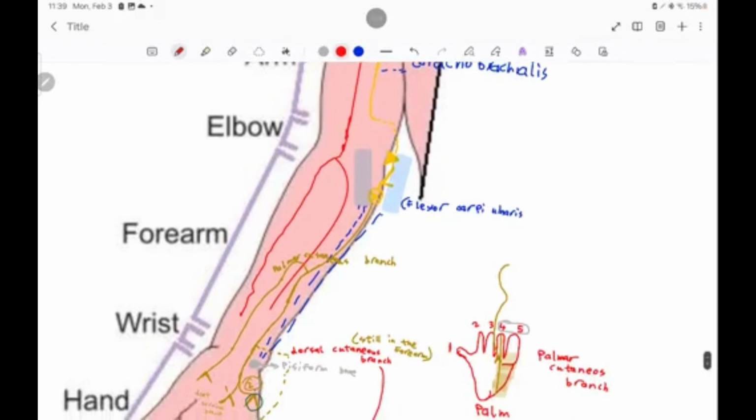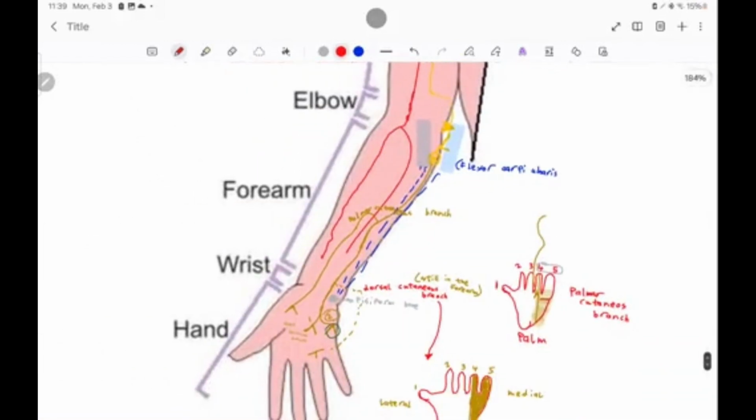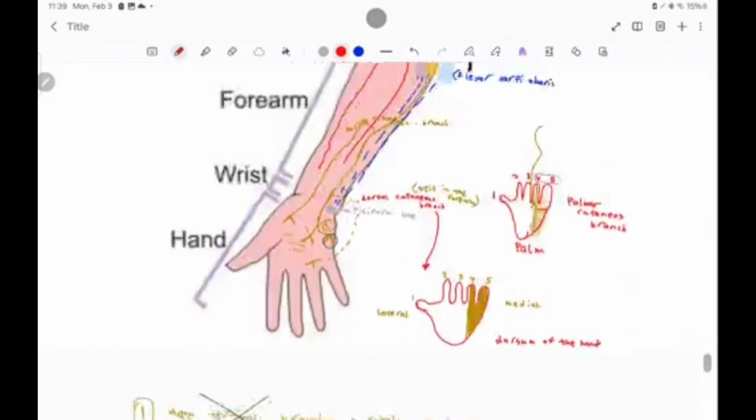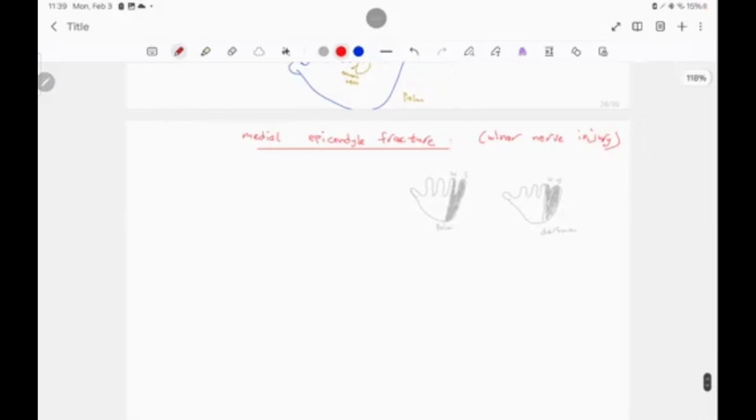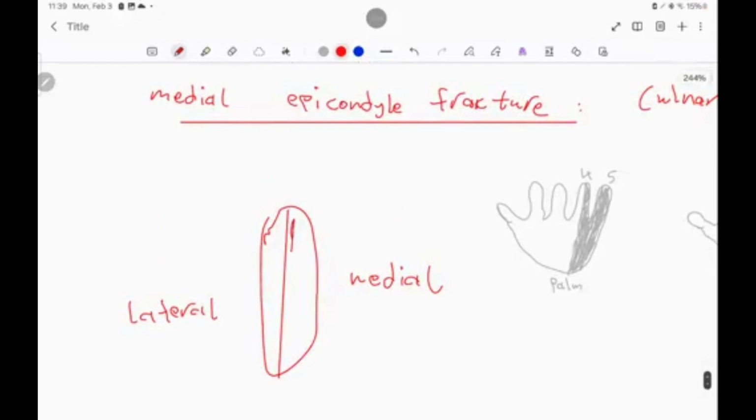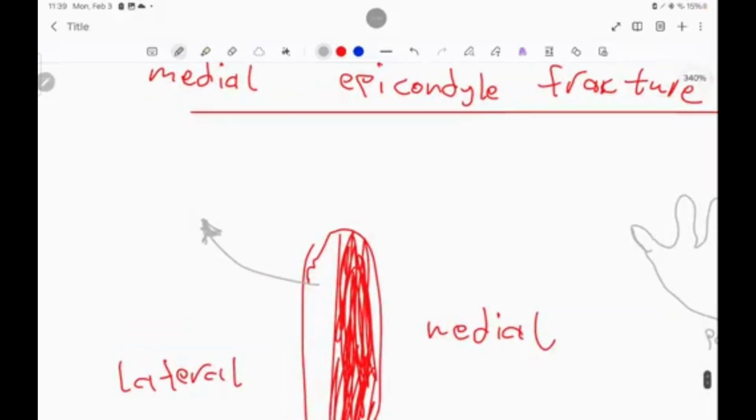So يعني damage to the nerve, we will have loss of nerve supply to the medial half of the flexor digitorum profundus. So if this is flexor digitorum profundus, this is medial. This is lateral. The medial will be affected because the lateral part of the flexor digitorum profundus is supplied by median nerve.